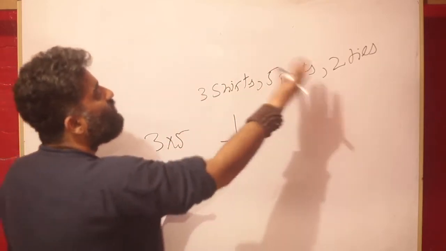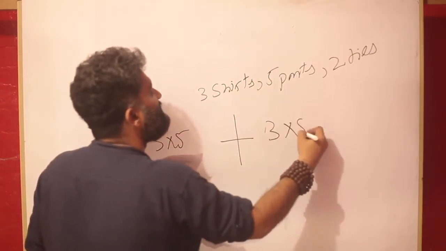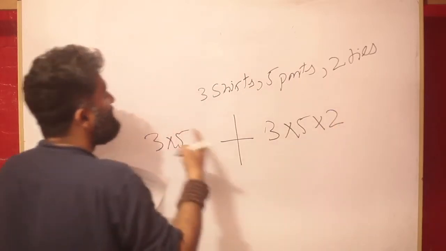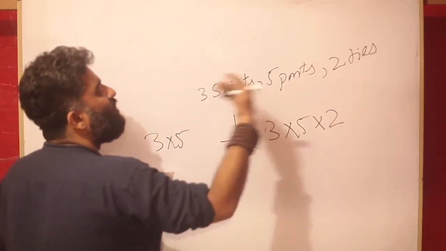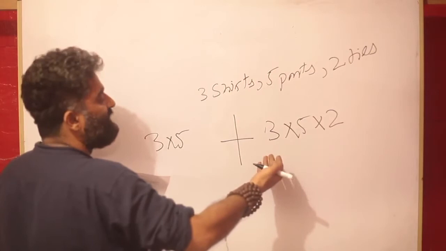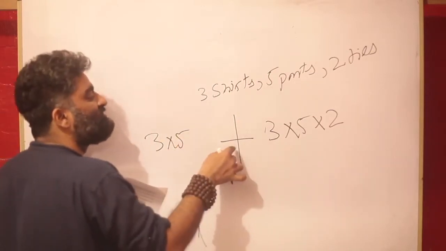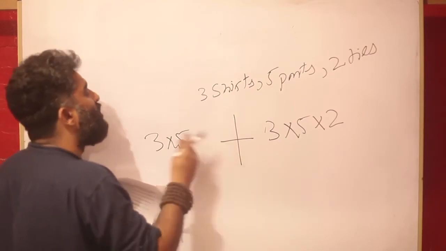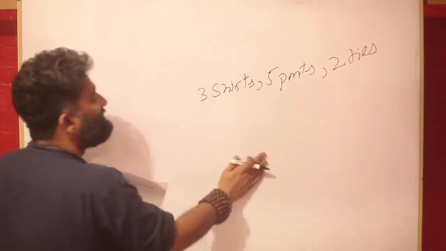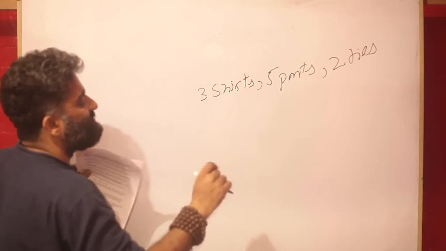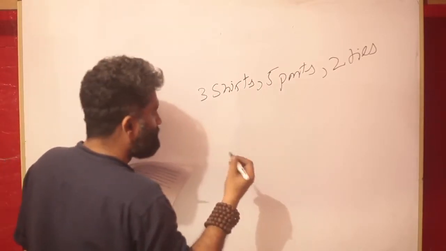If I go for the tie, it becomes 3 into 5 into 2. No tie or tie, I have covered everything. This was just to introduce the plus symbol, the or method. So the product represents an and, and the plus represents an or.